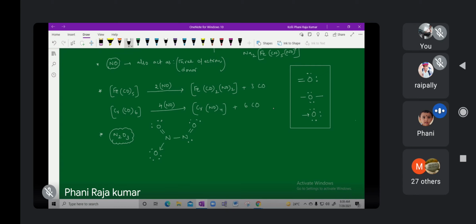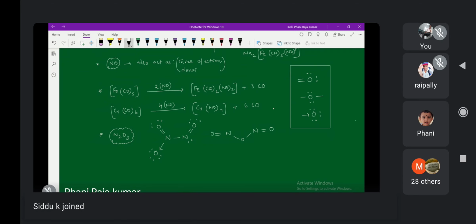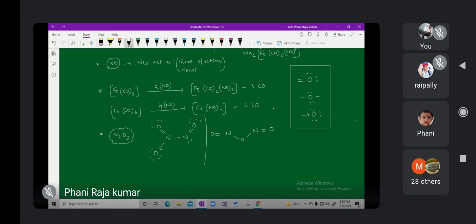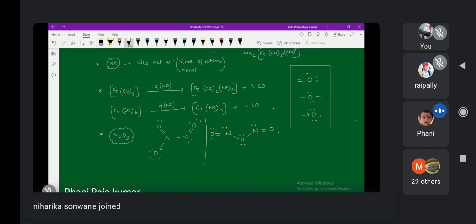We have one more structure for this N2O3. Double bond O, 2 lone pairs, single bond O, 2 lone pairs, and 1 lone pair here.